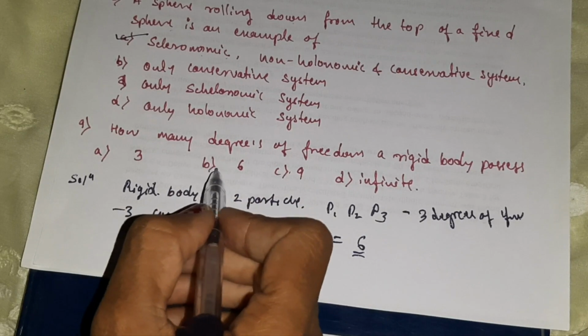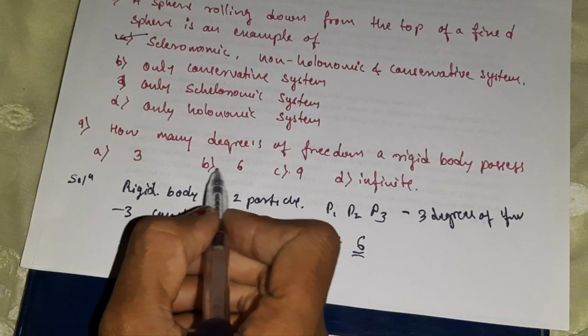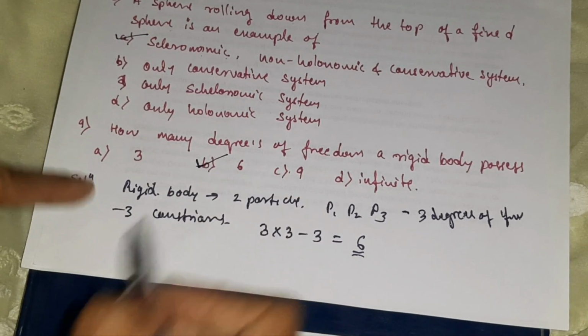So the degrees of freedom for a rigid body is option C, that is 6.